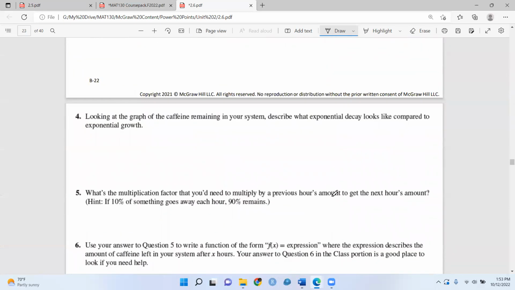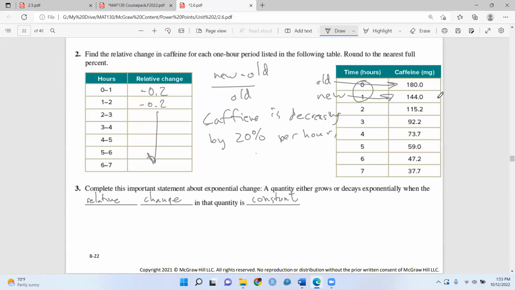So now we've got to figure out what it looks like. We noticed this little thing was going like this. As time increases, the amount decreases. It starts with a really fast decrease, and then it seems to taper off. So if you think carefully about this, what's the multiplication factor that you need to multiply the previous hour by to get the next? What am I multiplying 180 by to get 144?